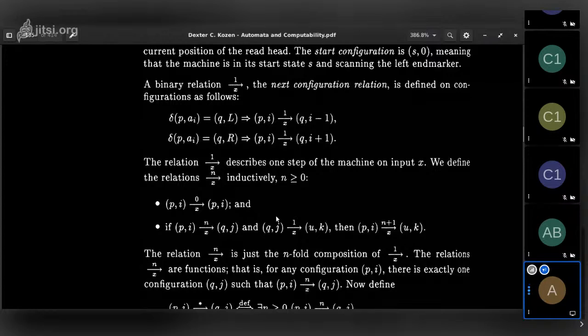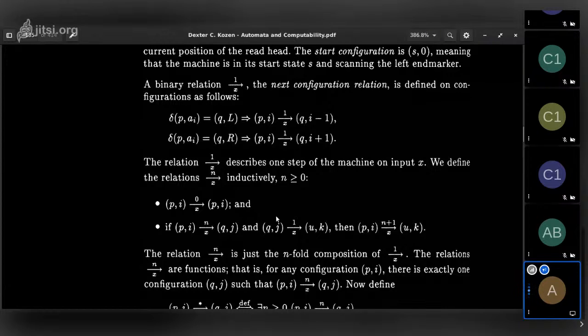So the configuration is initially S0, and after some time it is Ti, that is, the state is T and the cell position is anywhere, for some i within the limit, that is within 0 to n+1. Then you accept it. Similarly, if you start from the starting state S with the current cell position 0, and after some configuration changes you reach the state R, the reject state, then you will reject the given string. That is how it goes.